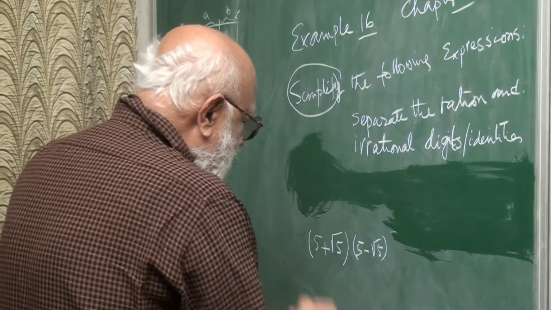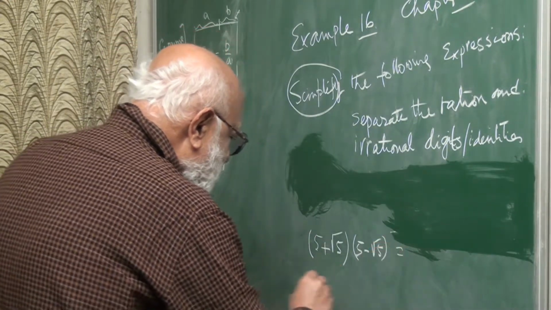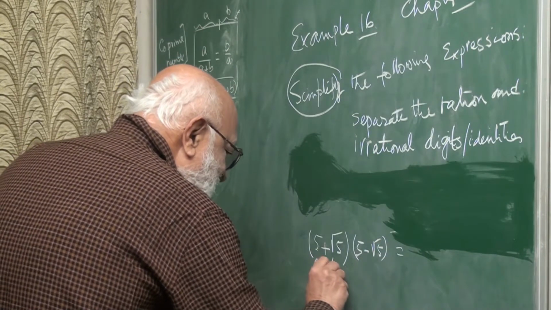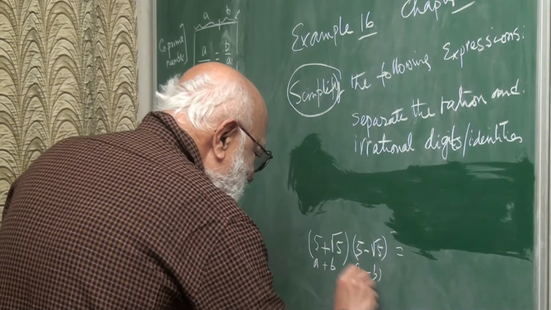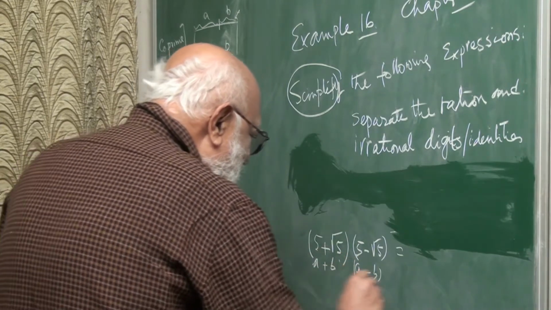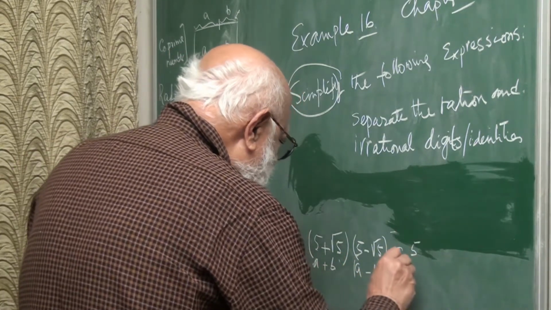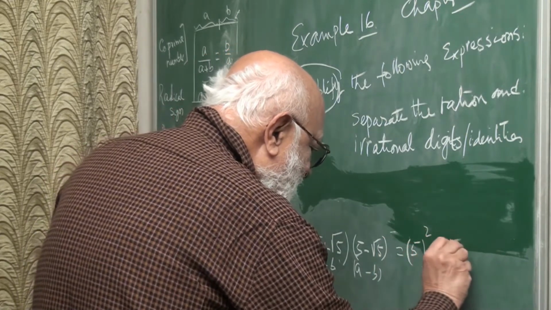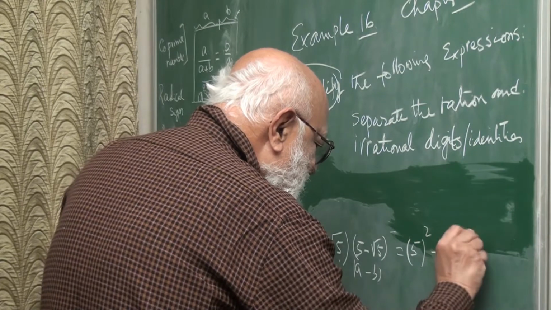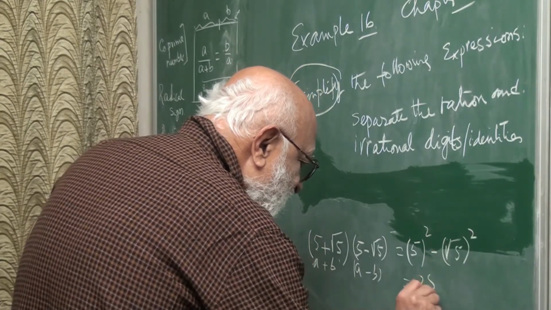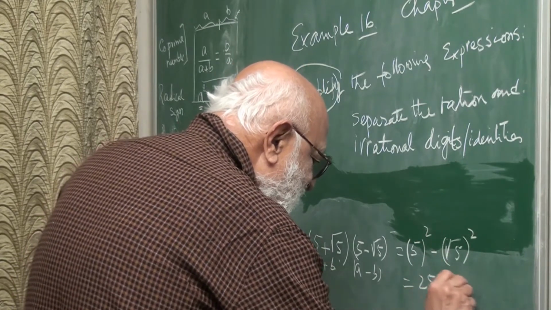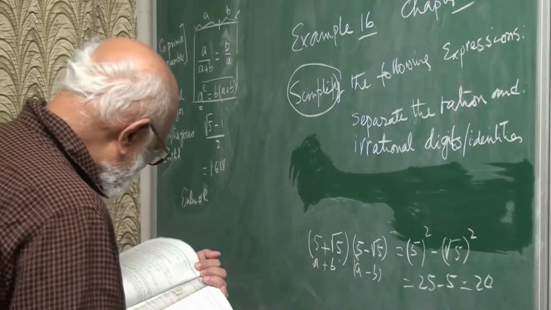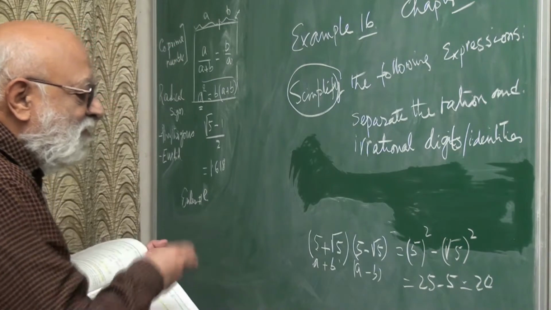So this is a plus b into a minus b, which gives a square minus b square. So this would be 5 square minus root 5 square, which equals 25 minus 5, that is 20. So this is totally rational, no problem about it.